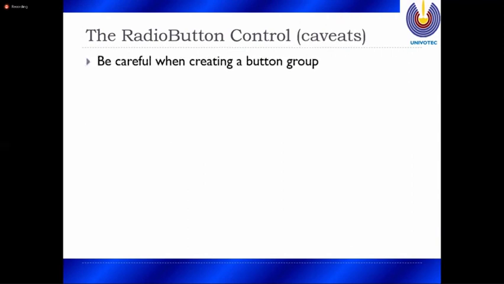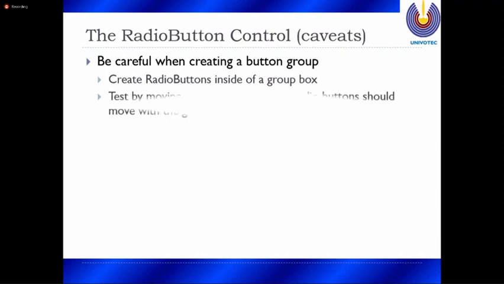Then the RadioButton also has that. Be careful when creating the button group: create the RadioButton inside the group box. If you want to make the group box, after that you can insert the RadioButton inside. Test by moving the group box; the contained RadioButton should move with the group box.